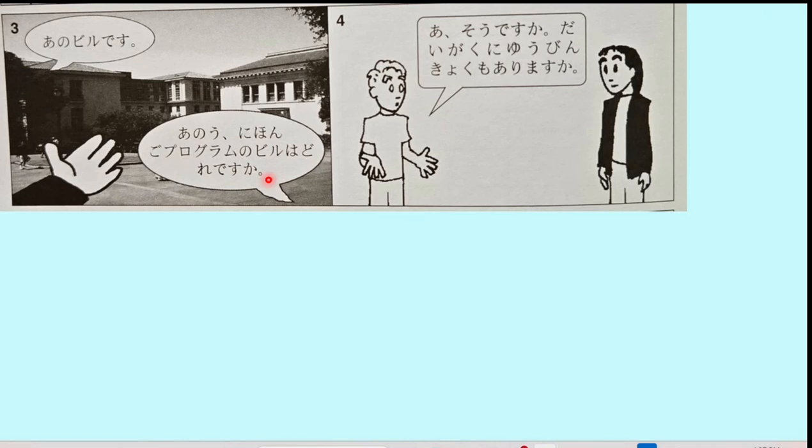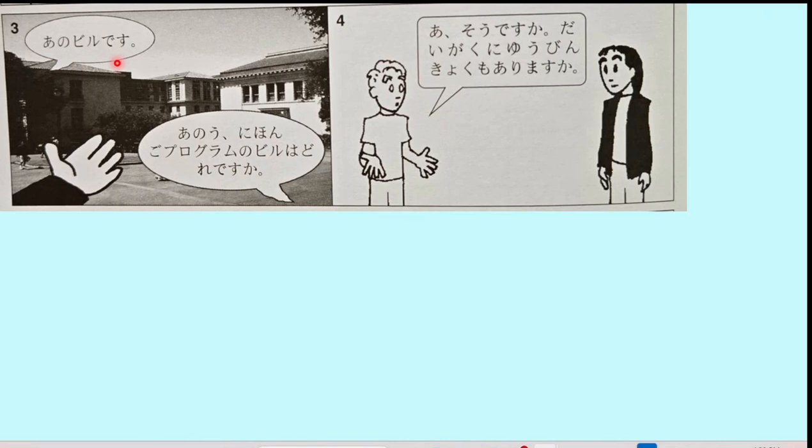And then Sonsan says, "Ano biru desu," that building. Ano biru means that building. Kono, sono, ano: kono means this, sono means that, and ano means that over there. Since that building is away from both the speaker and the listener, ano will be used and not sono.